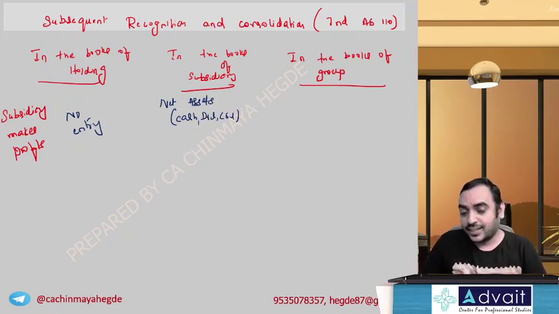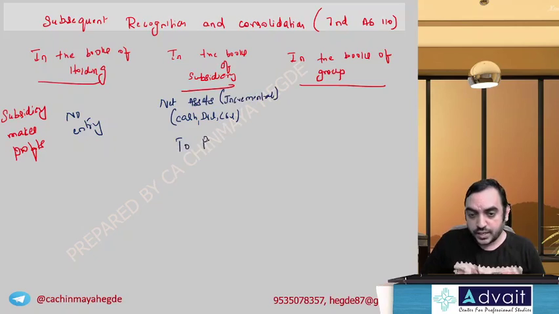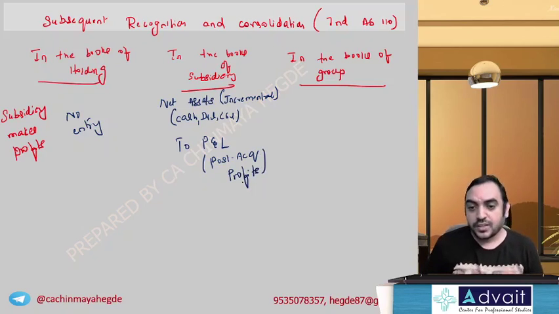This is incremental net assets, additional net assets, to P&L account, to profits, to reserves and surplus, and this will be post acquisition profits.